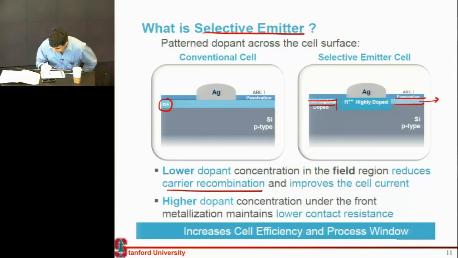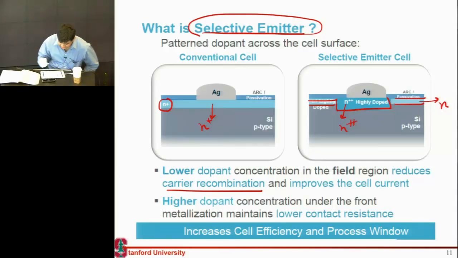But where you are making the contact, at that point you want a heavy doping. So you will essentially want an N doping here and N++ doping here, instead of having this uniformly high doping throughout your emitter. This is what I described in the last class as well. This is called a selective emitter design. And again, this is something that is being considered by the industry as well.